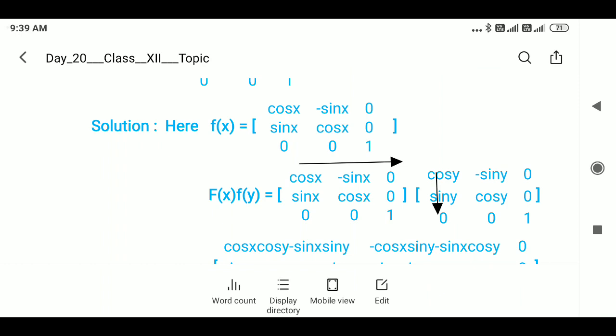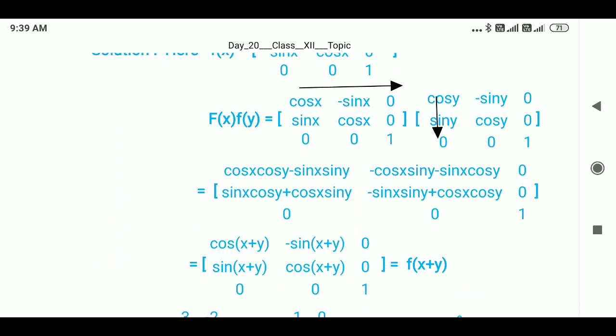Similarly, the second row of pre-matrix will be multiplied with the first column of post matrix. Sin x cos y plus cos x sin y plus 0. That will become sin x cos y plus cos x sin y.